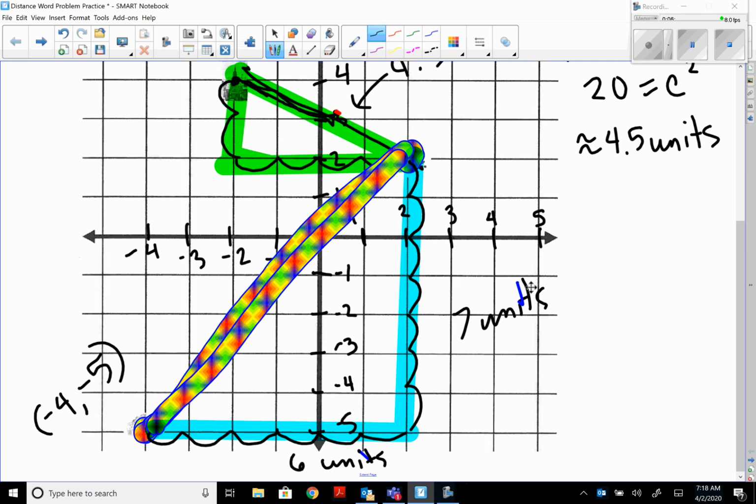And we're going to use Pythagorean theorem. So those are the lengths of the legs. So 6 squared plus 7 squared equals c squared. 6 squared is 36. 7 squared is 49. 36 plus 49, I got 85.